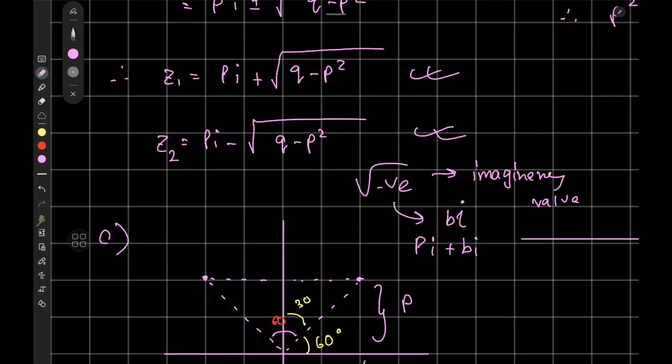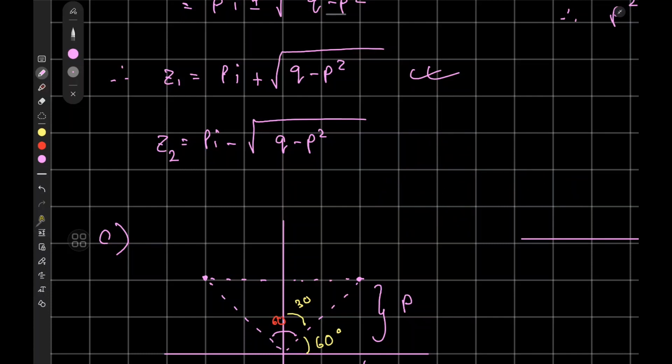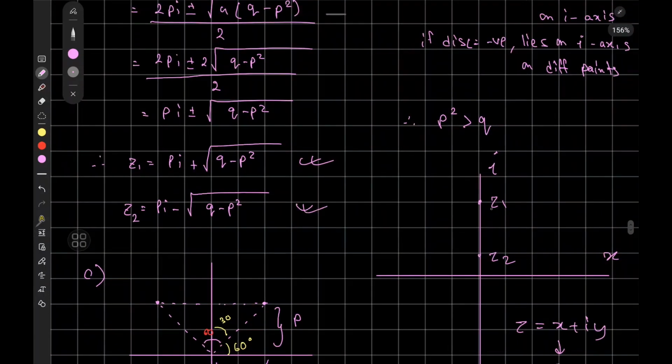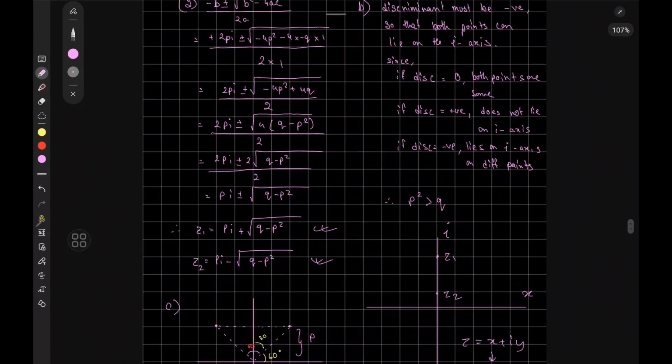So there is no real part to this equation. There is 0x, meaning there is no real part to this expression. This means that indeed the point will lie on the y-axis. So for the condition to be met, q minus p square, the discriminant, has to be negative. Has to be what? Negative.